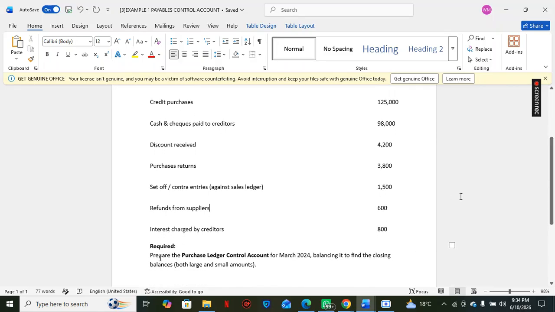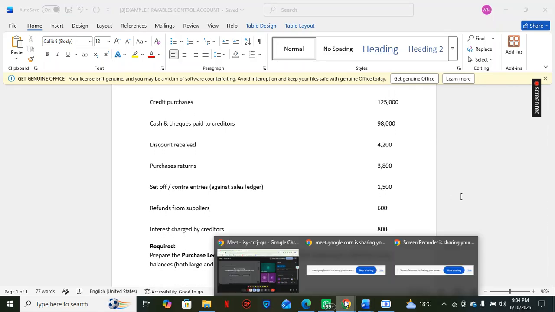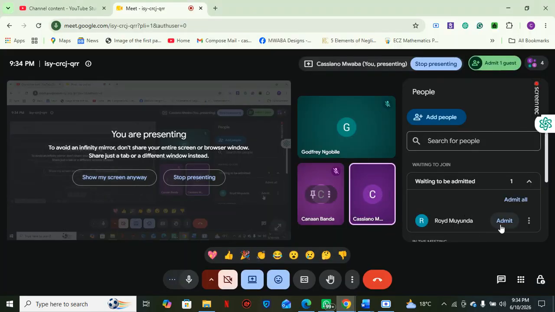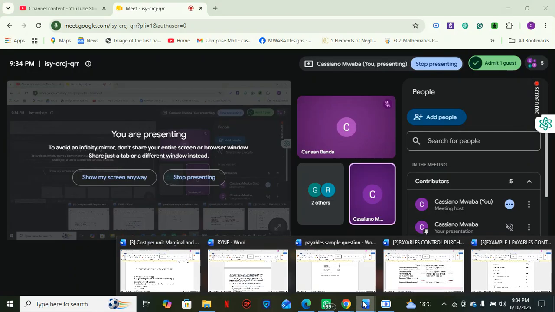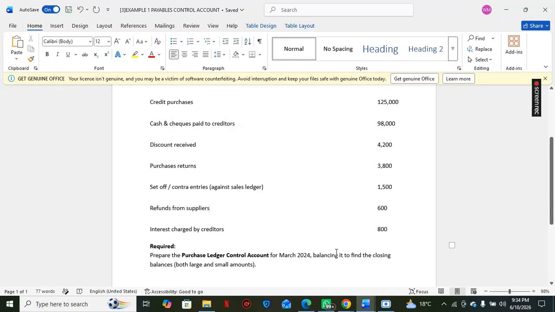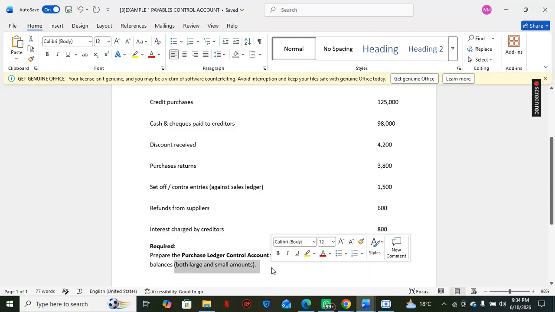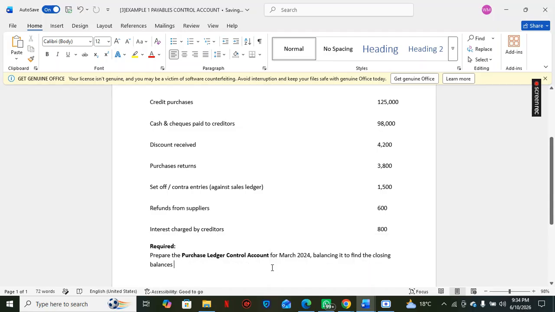And they've told us to prepare the purchases ledger control account, finding the balances, to find out how much we are owing in total to our suppliers.